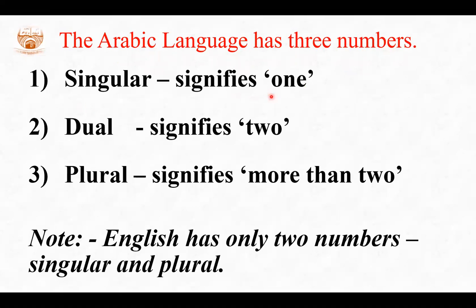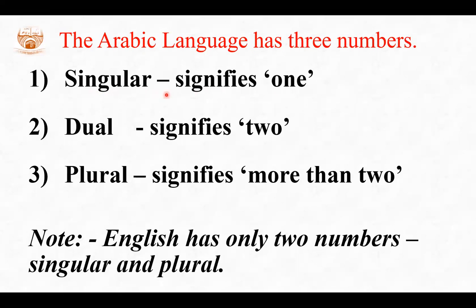What are they? Singular, that signifies one thing; dual, that signifies 2; and plural, that signifies more than 2. Okay, so Arabic has how many numbers? And when you speak about numbers, we're not speaking about 1, 2, 3, 4, 5 until 10, whatever. It recognizes amounts. And what is the grammatical connection to that?